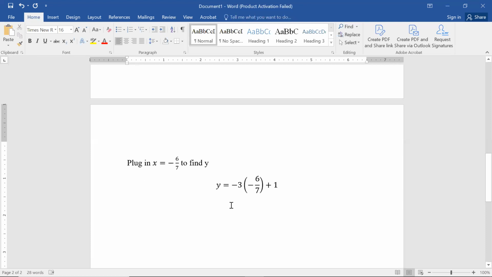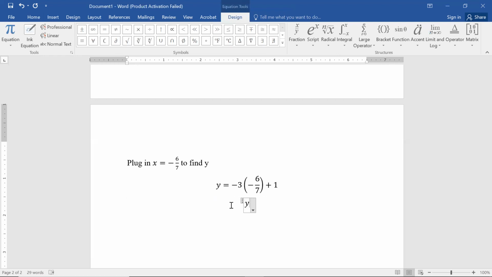So y is going to be equal to -3 times -6/7 plus 1, which gives me about 3.57 as a fraction. And again, I tend to write my fractions as improper fractions. That's 25/7 as my y value.